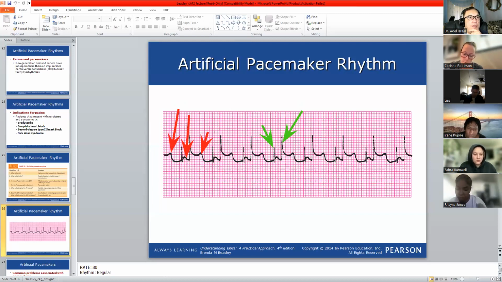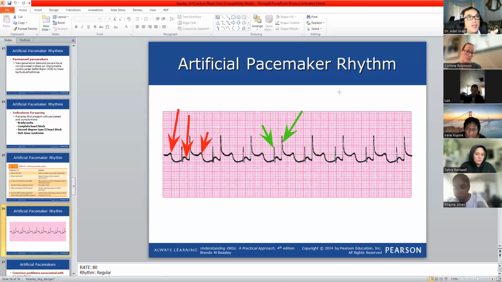I have a wire in the atrium. I have a wire in the ventricle. After stimulation or impulse, it will make capture, and this capture will start here and give me a P wave. And we have another spike here followed by a QRS.